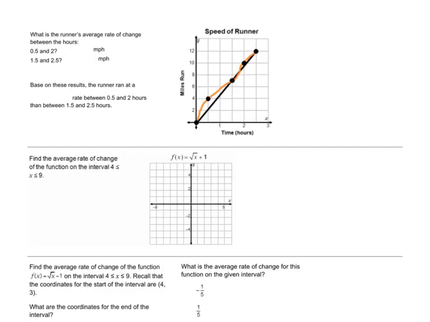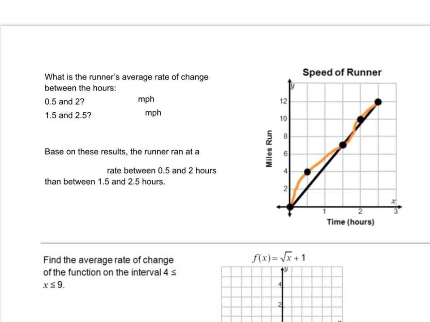Okay, last one. Now, we did that for the whole time frame. But what if we wanted to say, all right, well, what's the average speed of the runner between, say, 0.5 and 2 hours? Okay, right here. Let's say we wanted to calculate this rate of change. And so we would take our vertical distance.